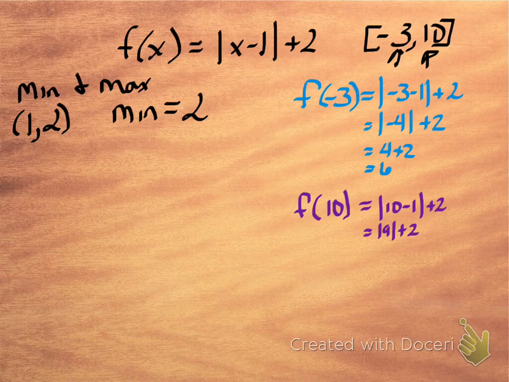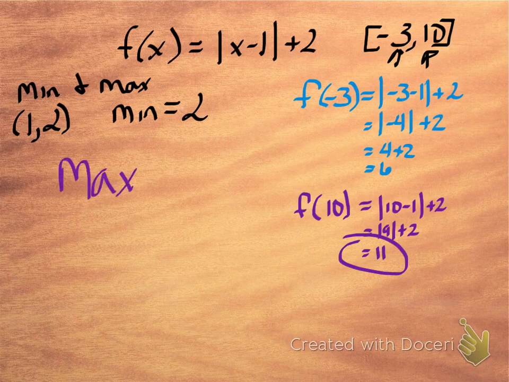Absolute value of 9 is 9. 9 plus 2 is 11. So my maximum point is this one. So my max is at 11.